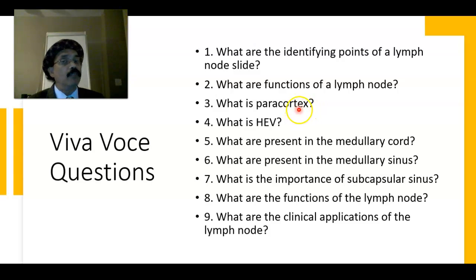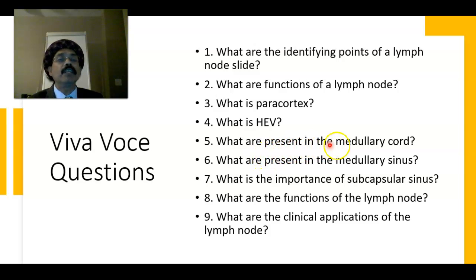What is HEV? That is the high endothelial venule. It is associated with the paracortex, and lymphocytes from the blood enter the paracortex through the HEV, the high endothelial venule.